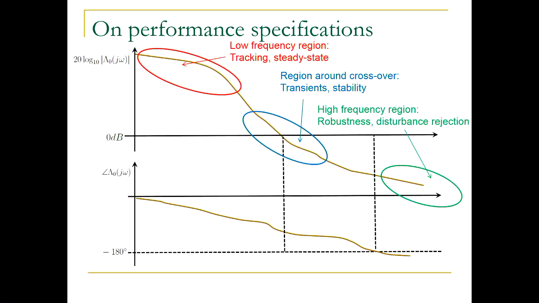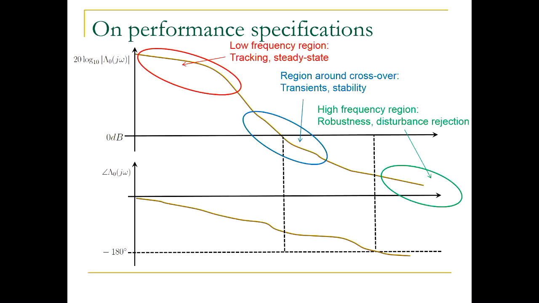This is the amount of phase margin in this example, and that is related to stability. So stability can be checked, and also the properties of the transients. When you apply a step response, you look at the transients, and their properties can be related to what happens around this frequency.